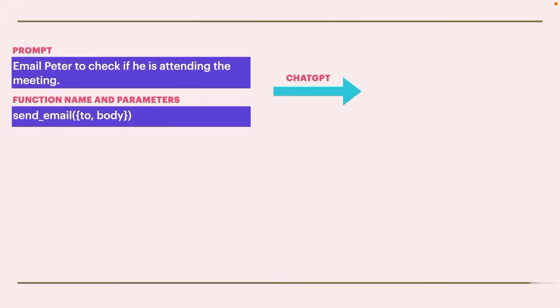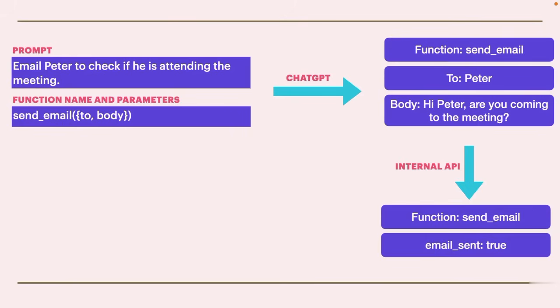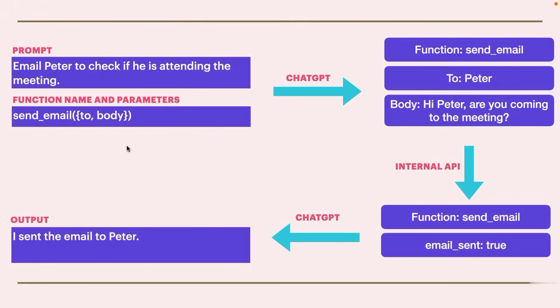So when we send the request to ChatGPT, it's going to come back with the function name and the parameters that the model extracted from our prompt. And then we can use an internal API to send the email, which will then produce an output that we can then send to the model and get an output in natural language.